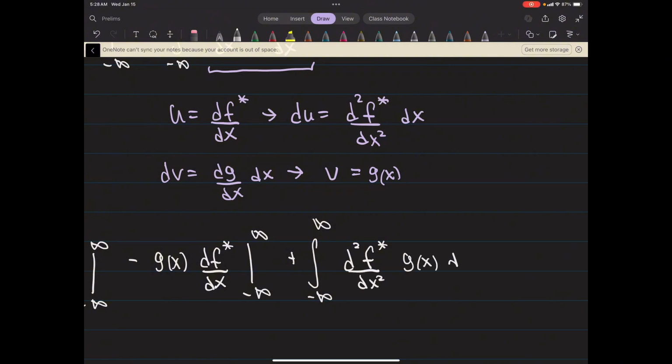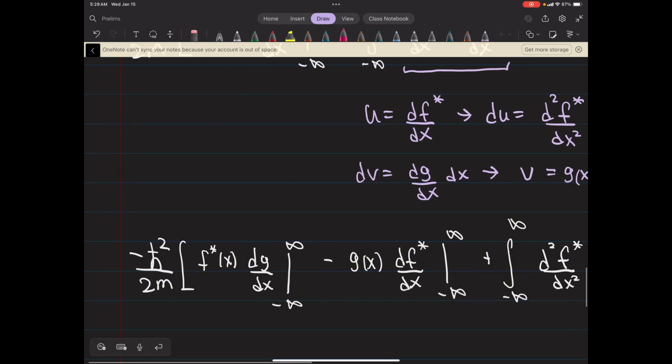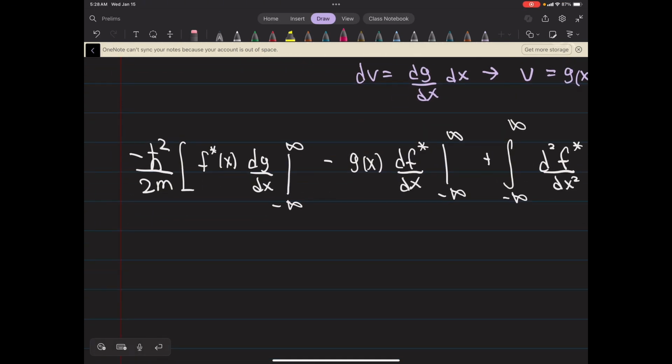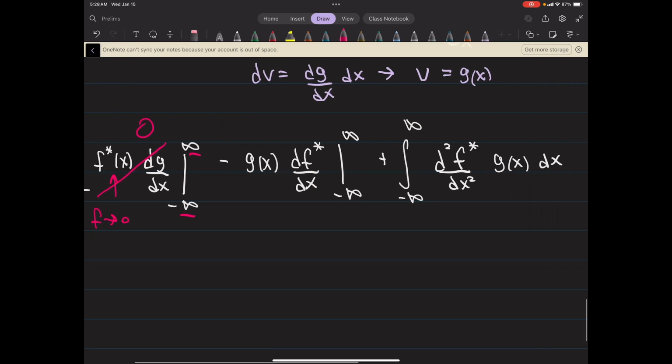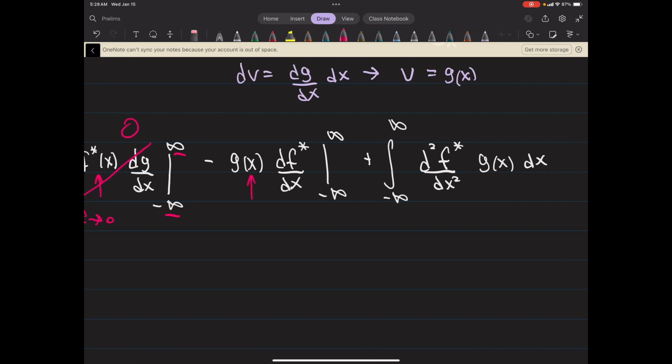Now remember that these functions are in Hilbert space, so this needs to go to 0 at the plus and minus infinity. So this whole term needs to go to 0. And a similar argument can be made here. This also has to go to 0 at plus or minus infinity, because they're in Hilbert space and they have to be square integrable.